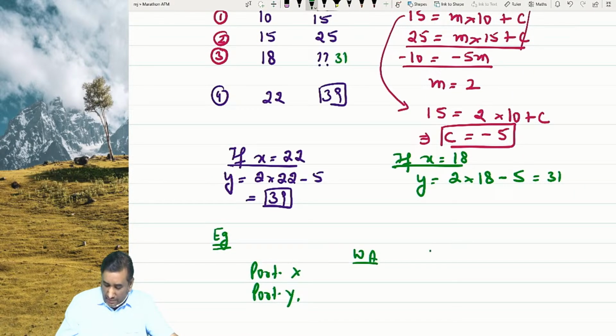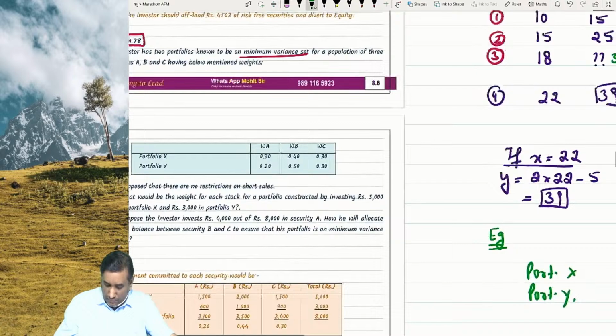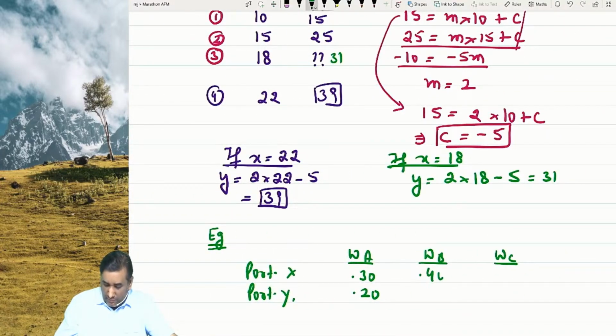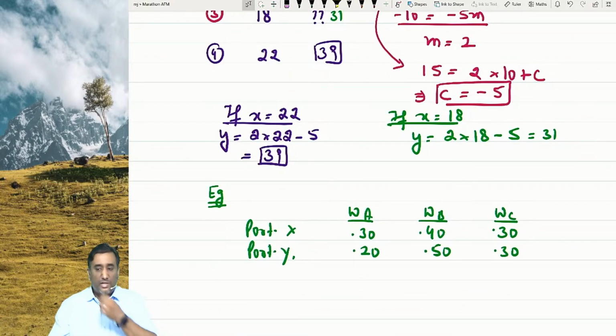There is weight of A, weight of B, and weight of C. We have 0.3, 0.2, 0.4, 0.5, 0.3, 0.3.